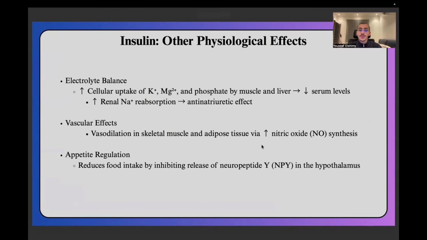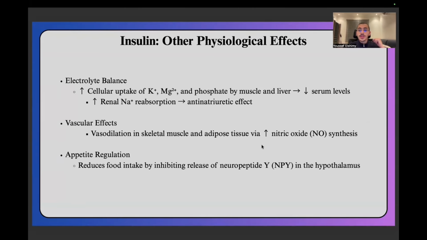What other effects? We have vascular effects. So what does the insulin do? It basically causes vasodilation in the skeletal muscle and adipose tissue using nitric oxide. So it increases nitric oxide synthesis in the areas around skeletal muscle and adipose, and this helps more nutrients, more sugar, more amino acids to go to those areas and get uptaken by the skeletal muscles as well as the adipose tissue.